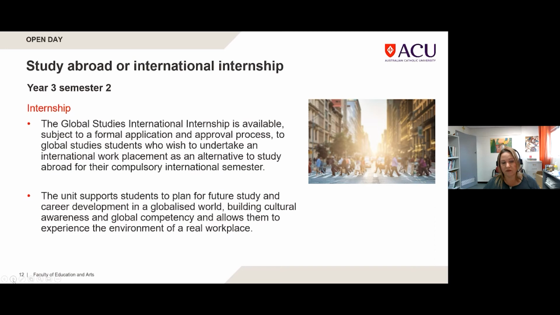So the government can give you funding, and we also at ACU have our Vice-Chancellor's study grant, so students doing the Global Studies Overseas Experiences qualify for $2,500 each to help towards their overseas experience.